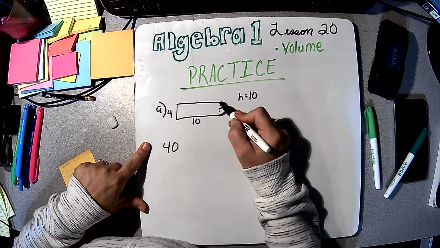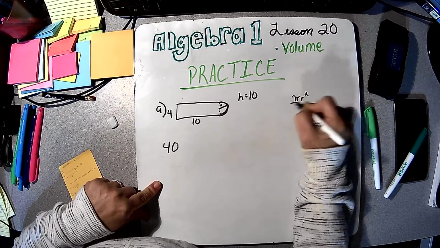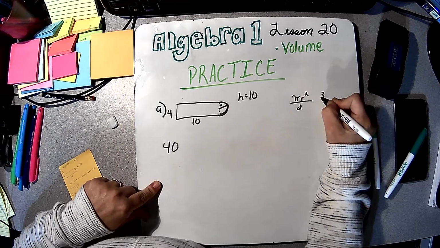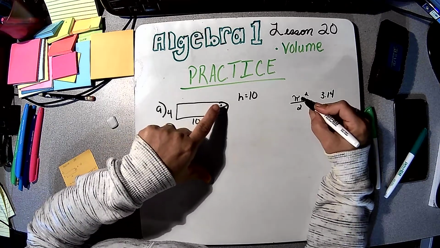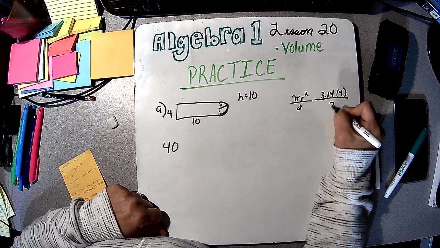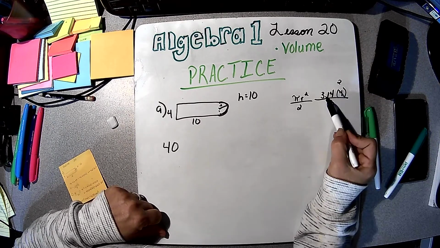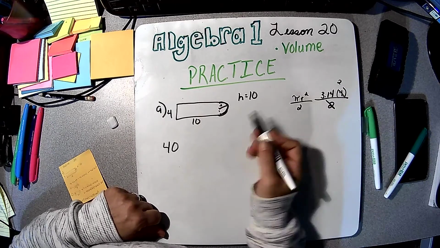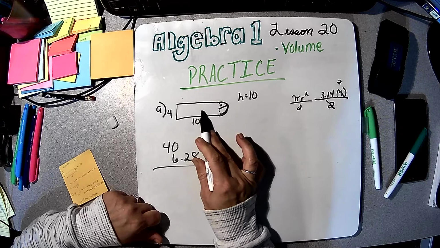Now we need this roundy part, this half circle, and that's going to be pi r squared divided by 2, which will be 3.14, and r is 2, so 2 squared is 4. Divided by 2, we can go ahead and cancel here and make that be 2. 2 times 3.14 would be 6.28.